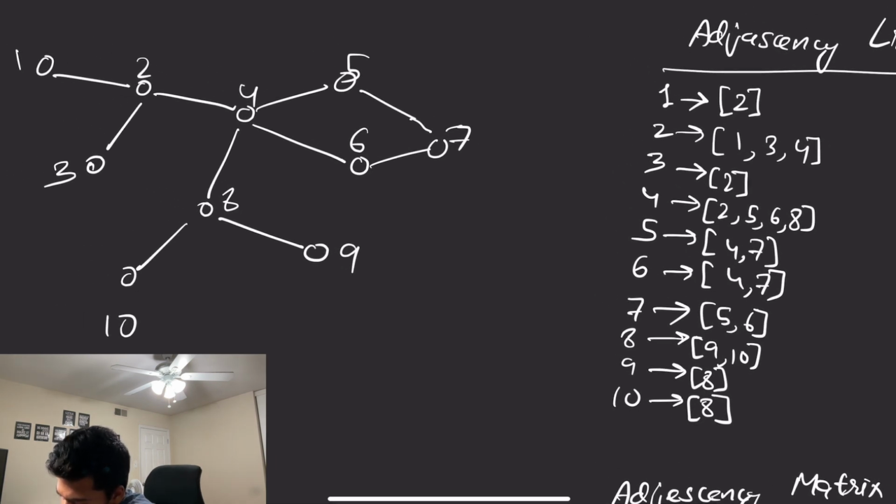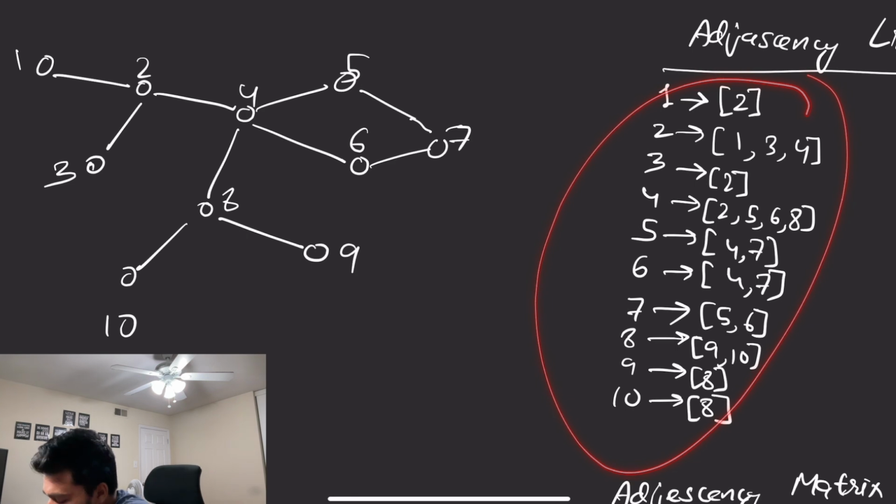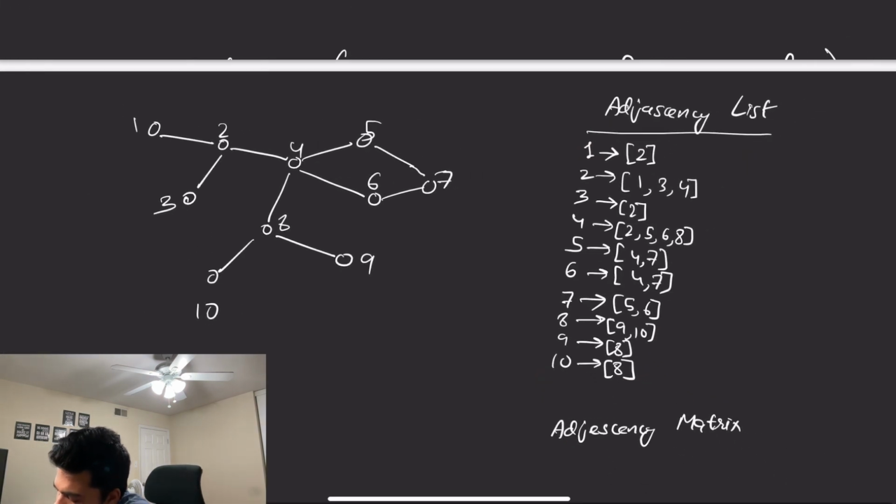Like 1 has neighbor 2, 2 has neighbors 1, 3, and 4, 3 has neighbor 2, 4 has neighbors 2, 5, 6, and 8, 5 has neighbors 4 and 7, 6 has also neighbors 4 and 7, and you get the idea, right? So this is called an adjacency list representation, right?